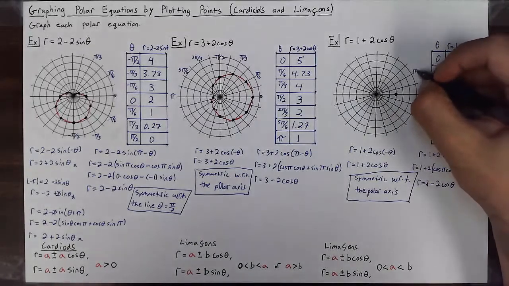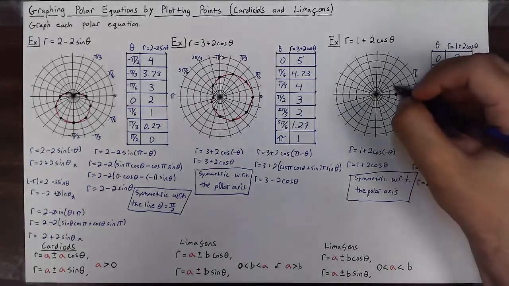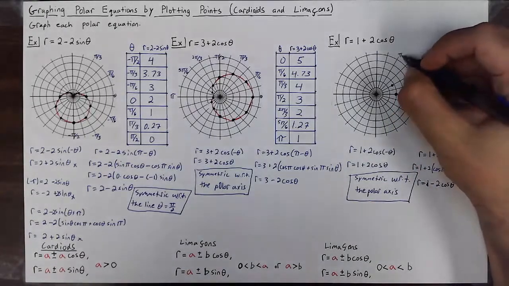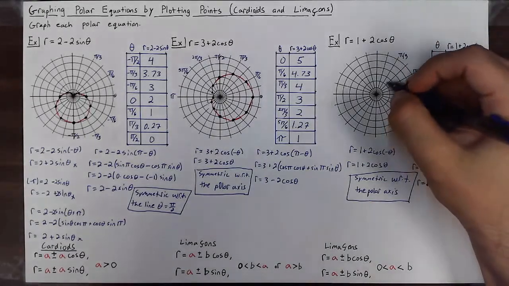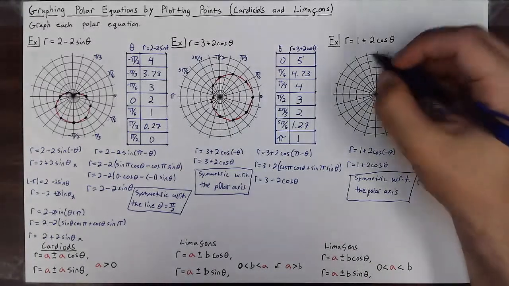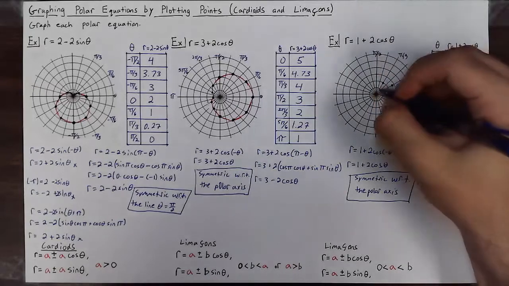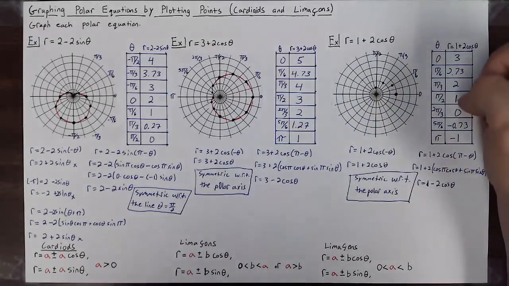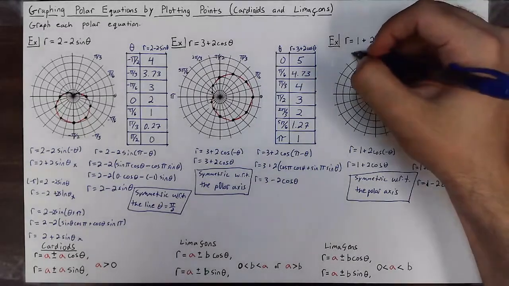Then at pi over 6, we have a radius of 2.73, so a little bit inside of it. Pi over 3, we have a radius of 2. At pi over 2, we have a radius of 1. Then at 2 pi over 3, it is 0.